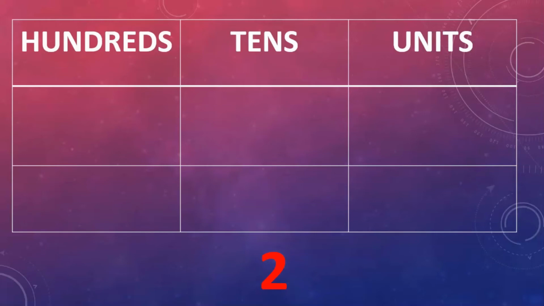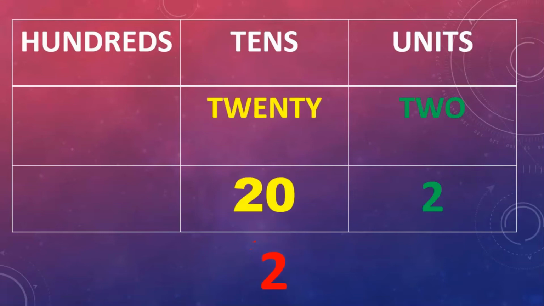So if we place it in the units column, the natural number 2 has a value of 2 units. If we place it in the tens column, however, the number 2 actually has a value of 20 because it means there are 2 egg cartons. Each of those egg cartons has 10 eggs in it, which means 2 egg cartons is 20 eggs.